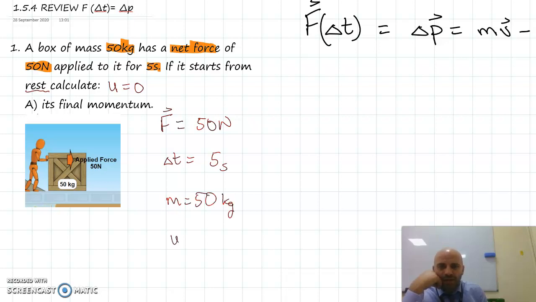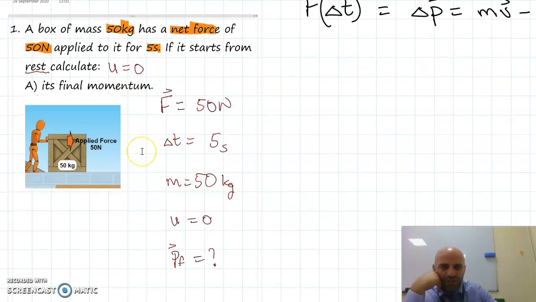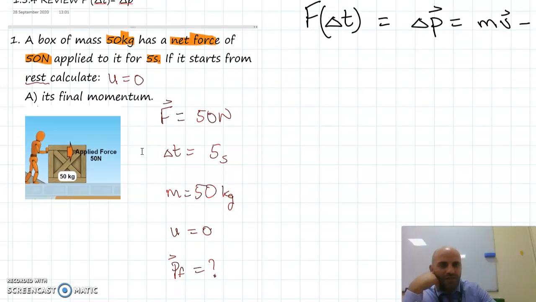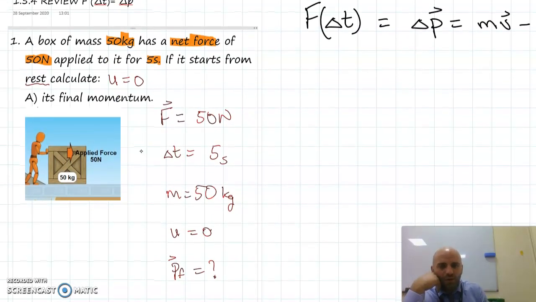And we know that it's going to start from rest. And what we're after here is the final momentum, P final. We're looking for momentum final. And then later on in the second part, we'll use that relationship to calculate the final velocity. Okay, let's go from here.